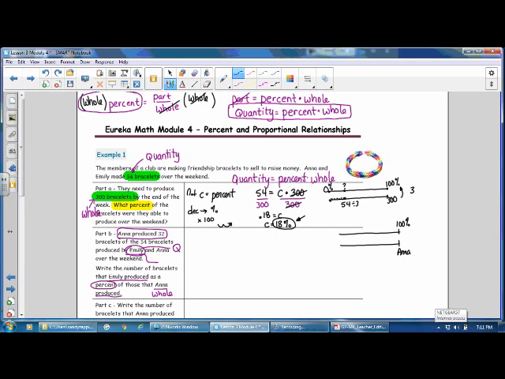So Anna produced 32 bracelets. And if Emily produced more bracelets, she would go to the right of the bar. If she produced less, she would go to the left of the bar. So we need to know how many she produced. So we know so far that 54 were produced, and of those, 32 were done by Anna.